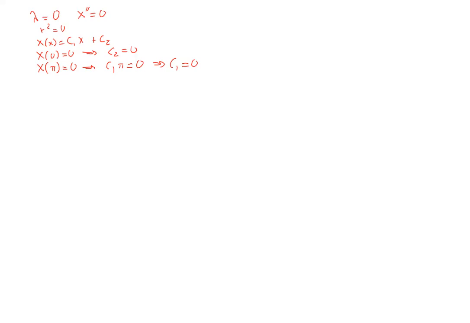So then we turn to our last hope. Our last hope is lambda is less than 0. Then we get x double prime minus lambda x is equal to 0. And this gives us r squared minus lambda is equal to 0. Now, think about it. Lambda is less than 0. So when you have minus lambda, that's as if you're adding a positive number. So you have r squared plus a positive number equal to 0.